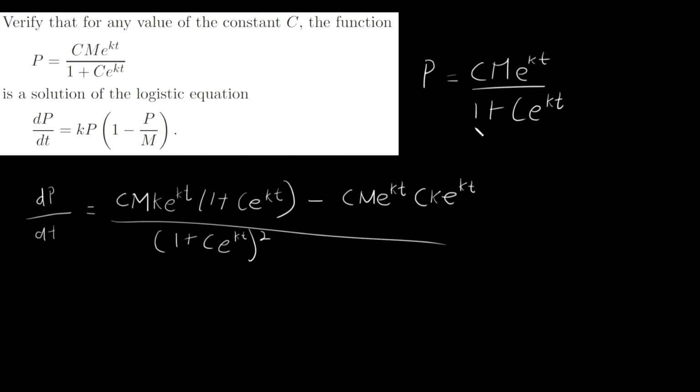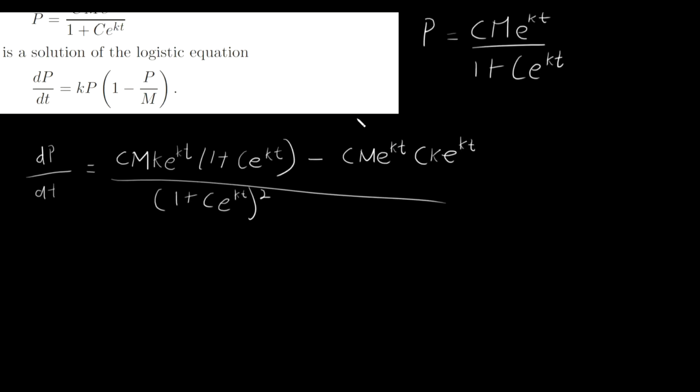So we want to get things in terms of P. So we're going to try to take out a P from all of this, because we want to get a P on the outside. We also want to get a k on the outside. So let's see if we can take out a cMe^(kt) over 1 plus ce^(kt).